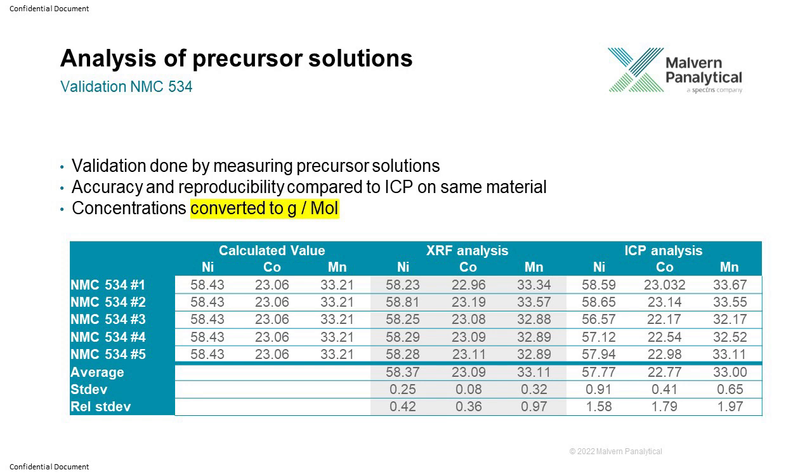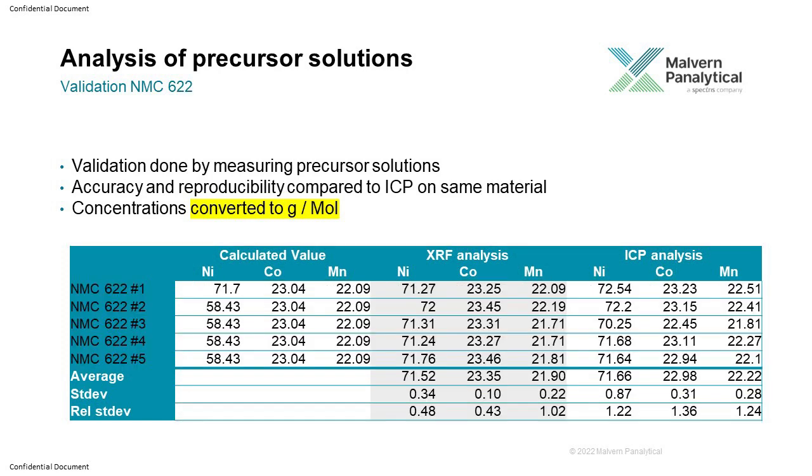And this is because XRF is measuring without any dilution. It is directly measuring all the elements at high concentration, whereas for ICP you have to do multiple dilutions, which affects your performance. So particularly for the major elements, XRF will always give you better values if the sample is well prepared.